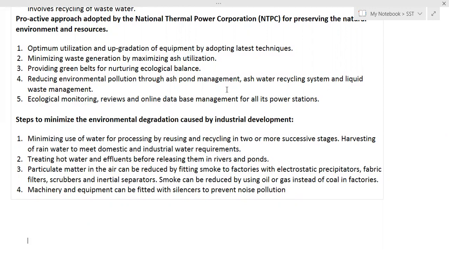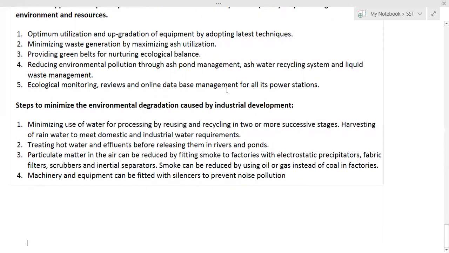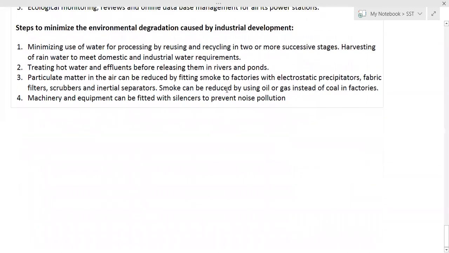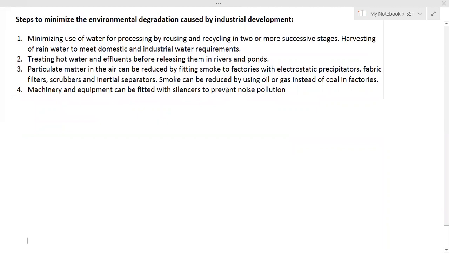All this you can write on your own. If you write in your own words, it will be much better for understanding for your exam.